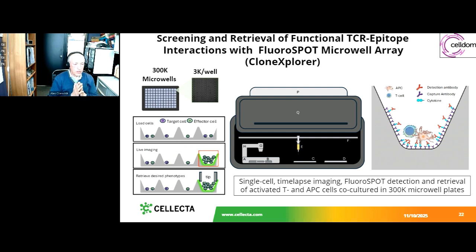What is great in this system is that you can monitor in time how many cells you have in each well, how many antigen presenting cells or T cells you load into these microarrays. After that, you can look at proliferation while they are co-incubated with each other. On the right section of the slide, you can see the microarrays are coated by antibodies against cytokines.